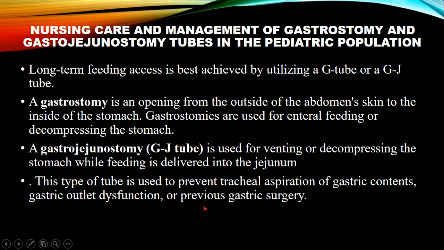Or if there is a previous gastric surgery, so there is no space available, or sometimes because of trauma or because of tumor, or maybe due to previous gastric surgery. So that is why this gastrojejunostomy tube is there.